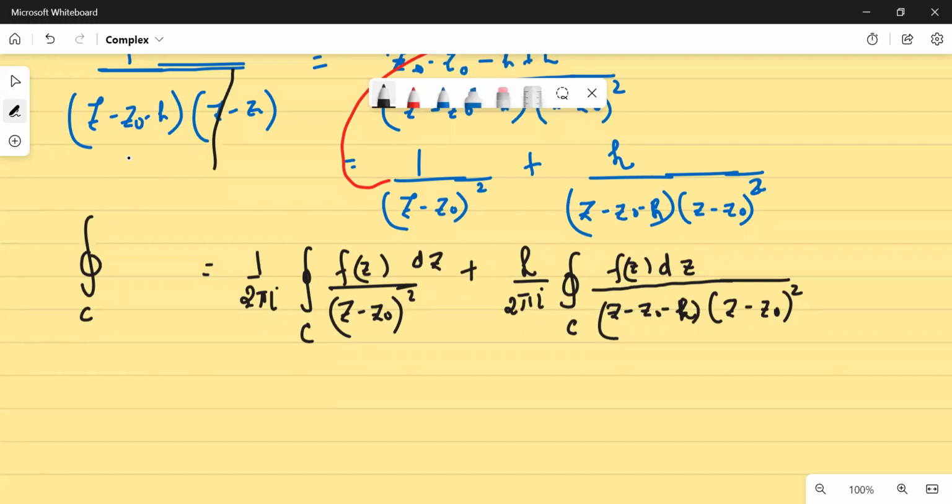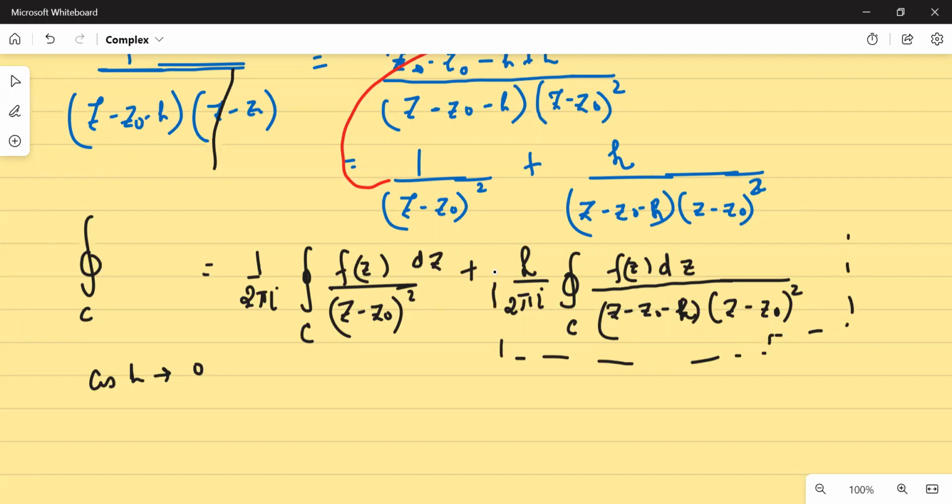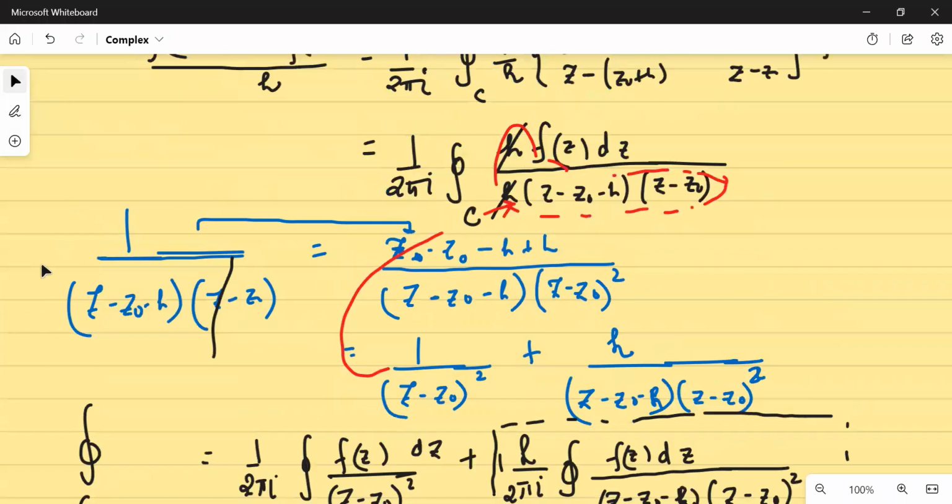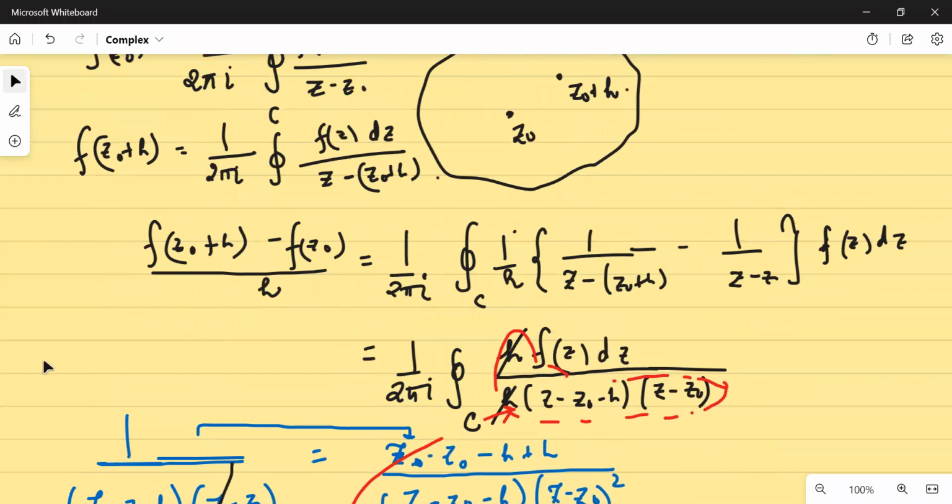Okay. So understand my point. As limit h tends to 0, this term will become 0, because there is h here. Understand? Because actually what we have to find is in the limiting case, h tends to 0.